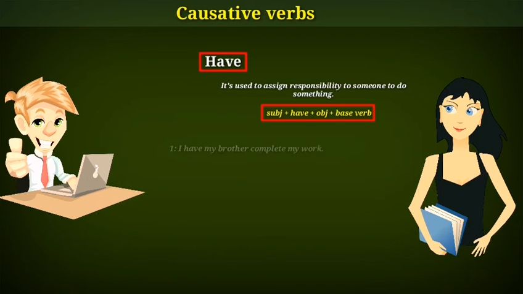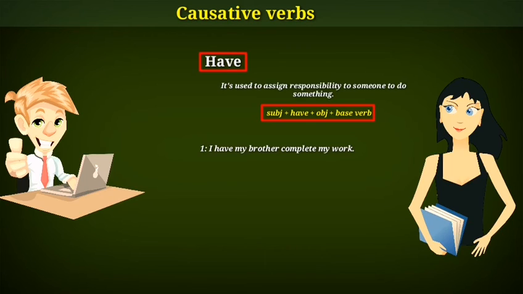For example, I have my brother complete my work. It means that the task of the completion of the work is assigned to my brother and now it is his responsibility to complete it. Because I have assigned him the responsibility to complete the work. So that is why I used the word have as a causative verb.